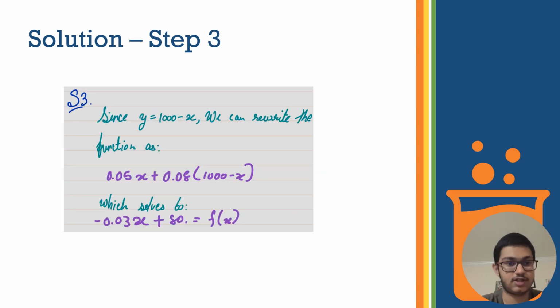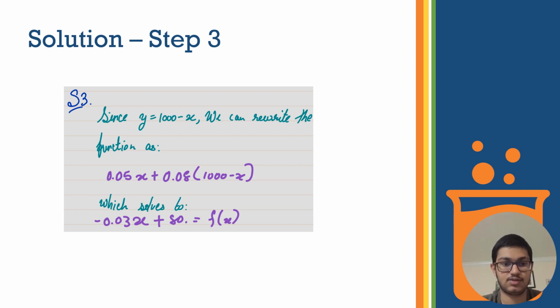Now we go into the next slide, which is step 3. This is the magic thing. Since x plus y equals 1000, I subtract x on both sides to get y equals 1000 minus x. We can then rewrite the function as 0.05x plus 0.08 times (1000 minus x).